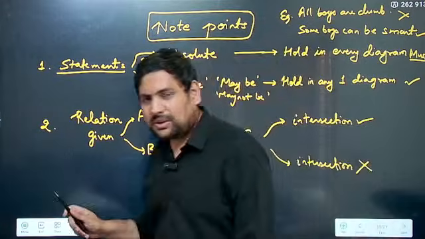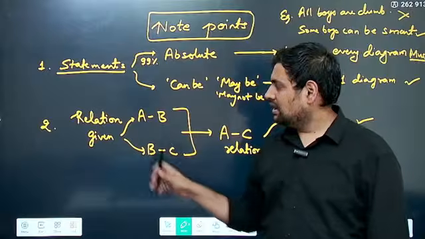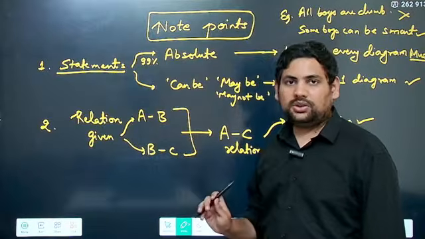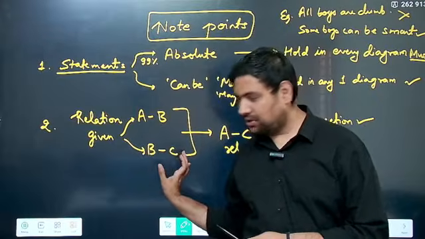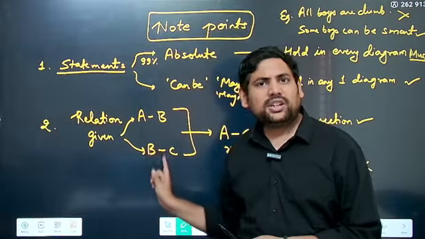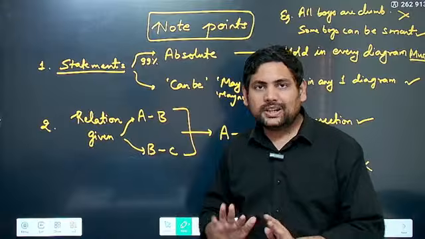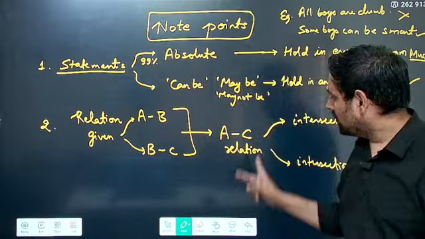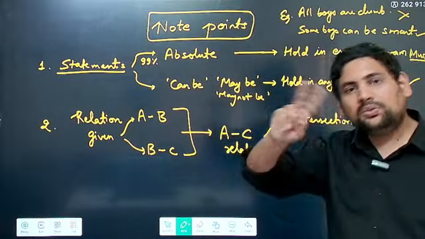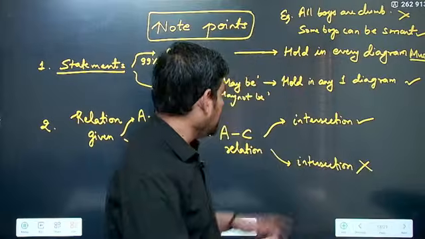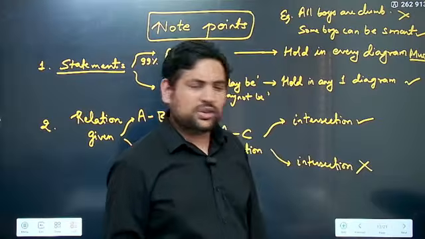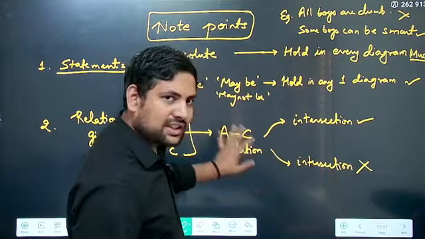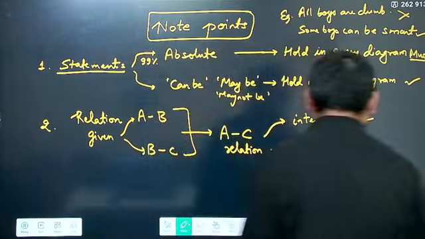Some relation between A and B is given to you, some relation between B and C is given to you. They are talking about A and B, then about B and C. Are they talking about A and C? No. No statement is talking about A and C. So A and C can have two kinds of relation: one where they have an intersection and the other where they don't. So you can remember it like this: A and C will have two possibilities.